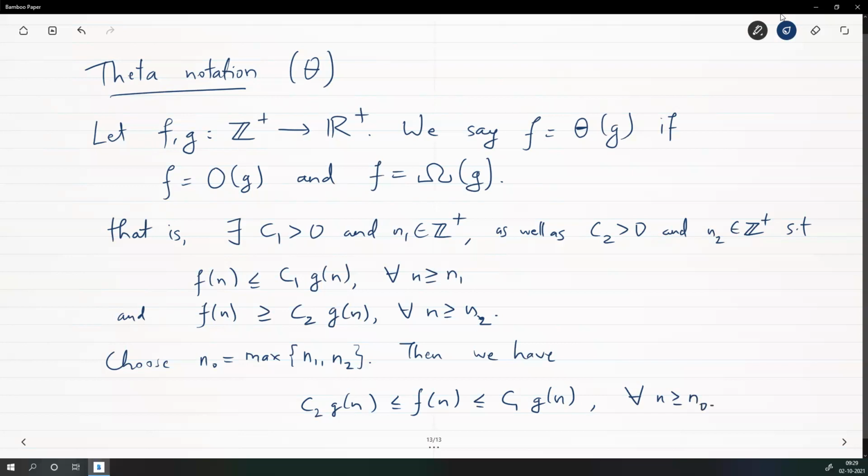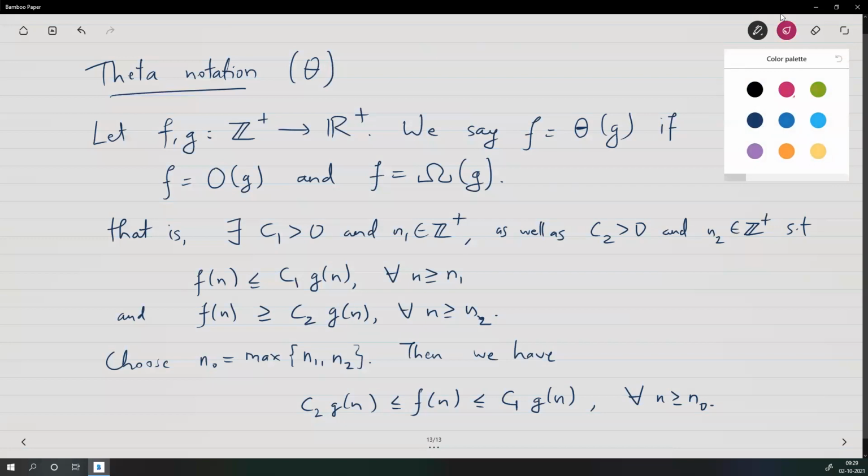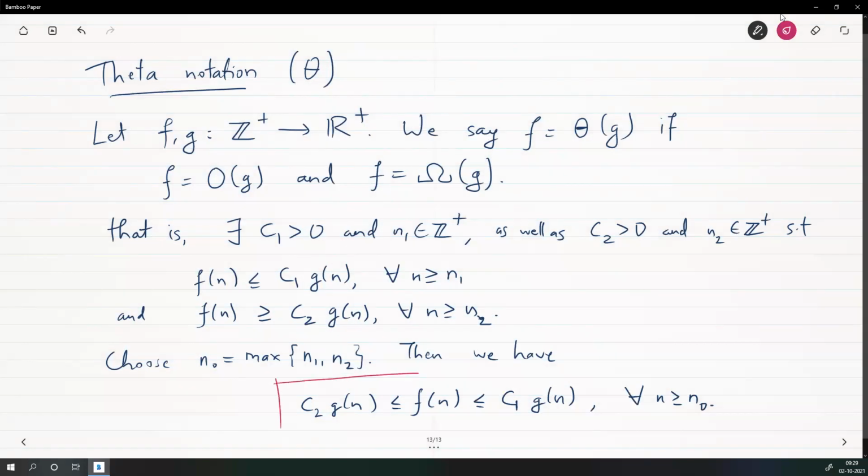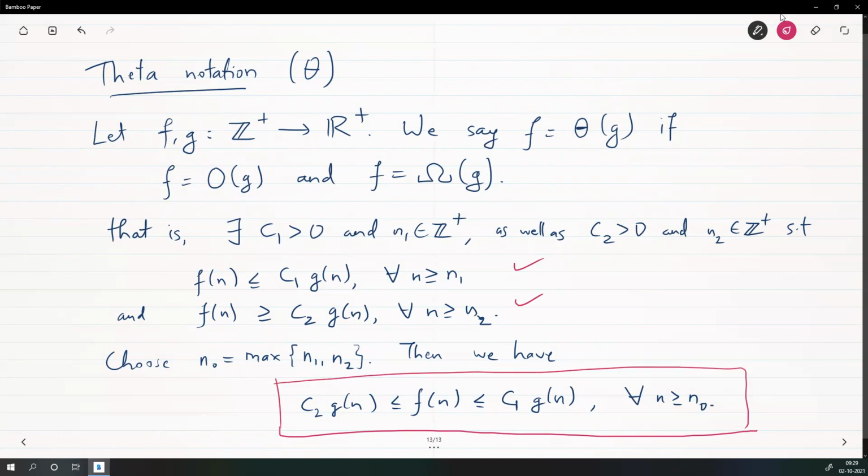And in fact, this is enough, because the other way around, if you have N0 and C1 and C2 satisfying this, then you can always go back. You can choose N1 equal to N2 equal to N0 and get both of these. But if you have both of these, we just saw that you get this. Okay, so these are equivalent.